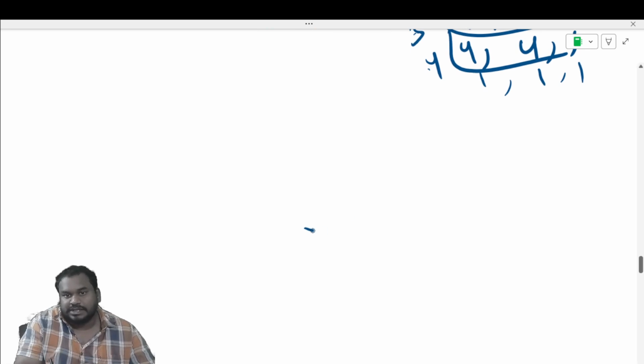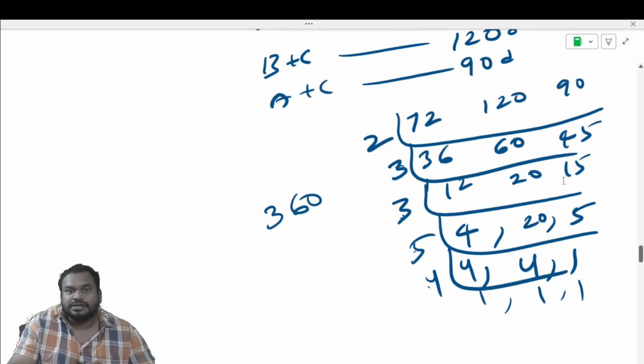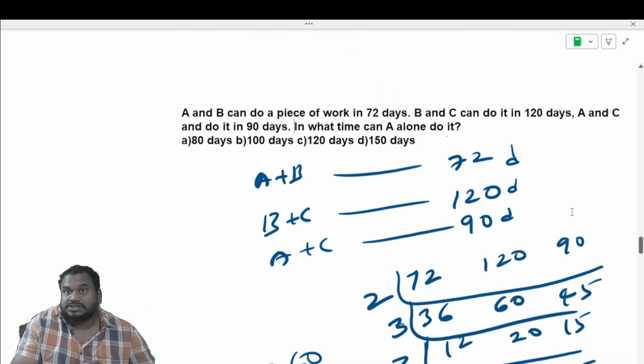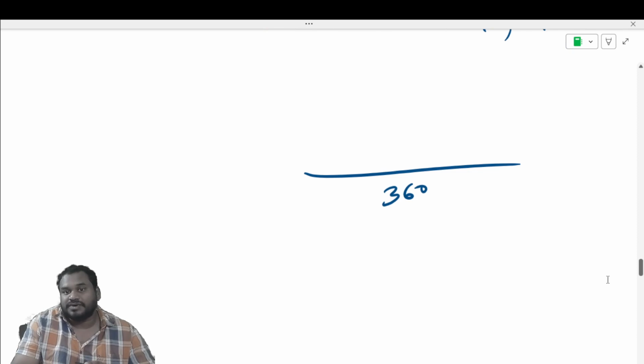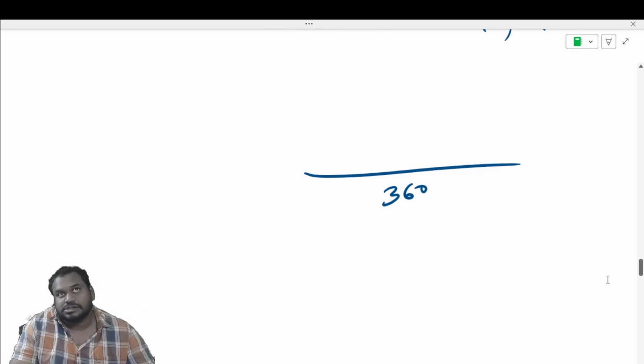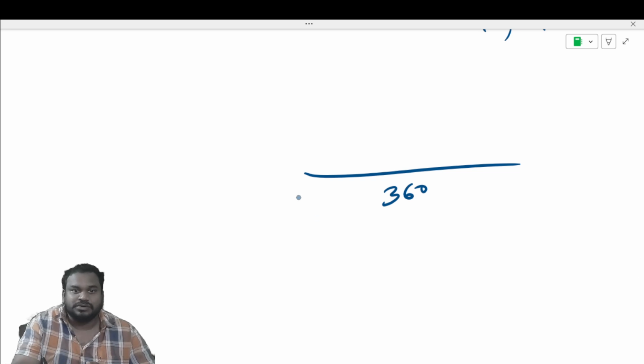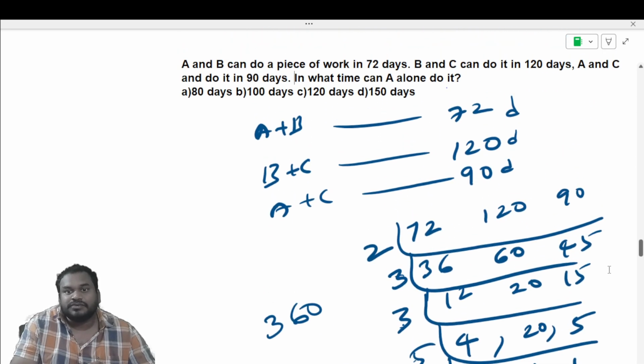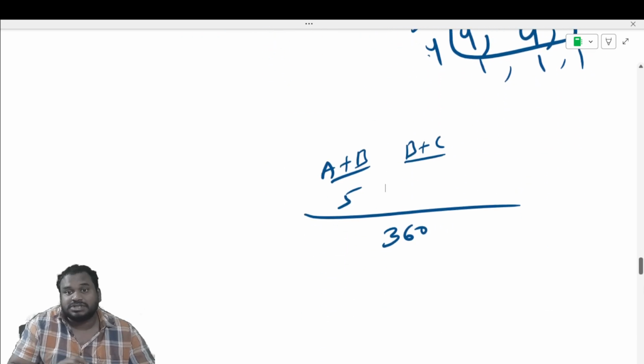So now I'll write it down here, 360, and for A plus B, 72 is there. So 360 by 72 is nothing but 5. So A plus B's efficiency is 5. For B plus C, 360 by 120 is 3.